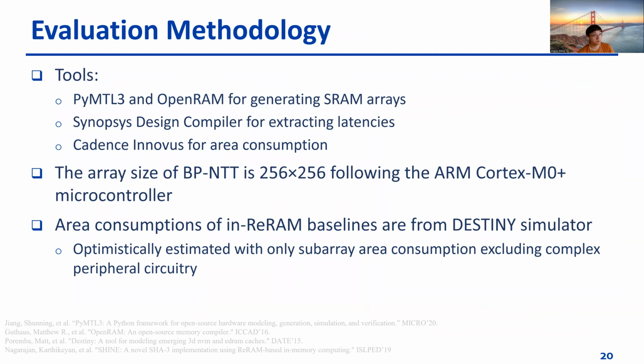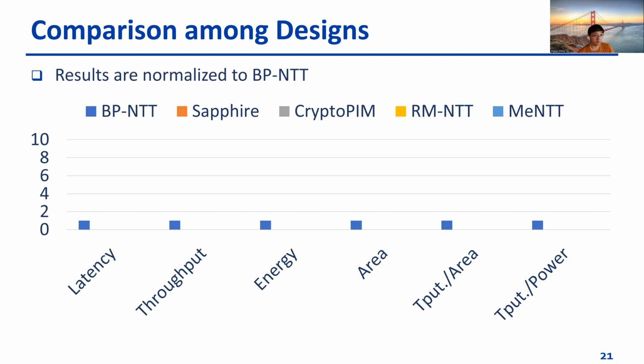We evaluate our proposed BP-NTT and baselines with PyMTL3, OpenRAM, Synopsys Design Compiler, Cadence Innovus, and the Destiny Simulator. We compare BP-NTT with other designs. Note that all the results are normalized to BP-NTT.